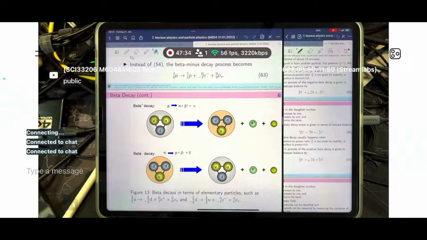Okay, 2 by 3 plus 2 by 3 minus 1 by 3, you get 1, which is the charge calculation for the proton. And here you have negative 1 by 3 and 2 by 3, so it cancels each other, so the neutron has no charge.